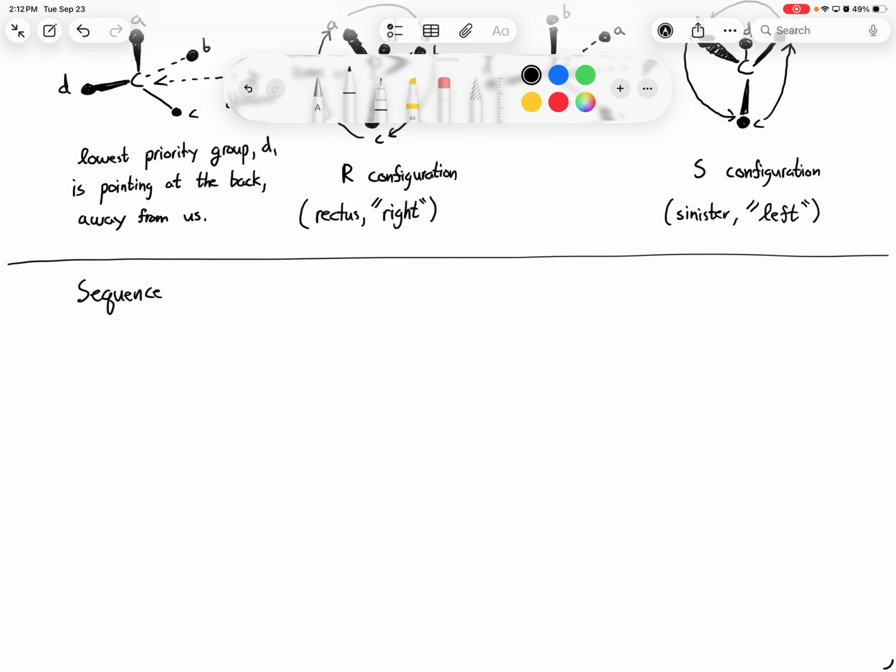So this will make sense once we do some real examples here. All right, so here, assigning priorities to substituents.